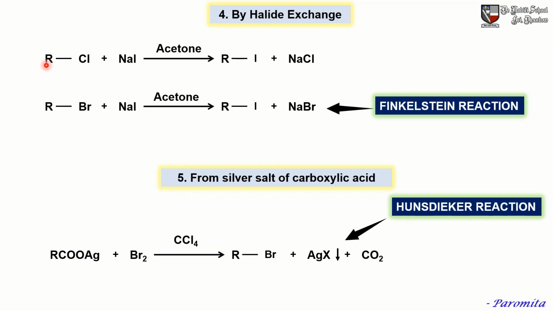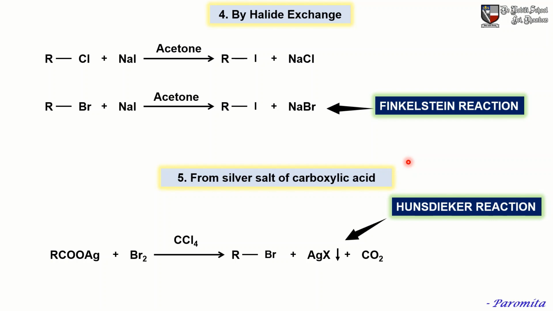So RCl plus NaI in acetone solvent will give us RI, that is alkyl iodide, plus sodium chloride. Similarly, alkyl bromide with sodium iodide in acetone solvent yields alkyl iodide. These reactions are known as the Finkelstein reaction.